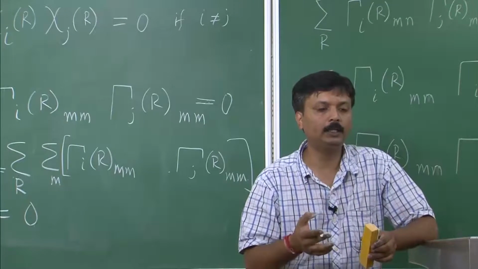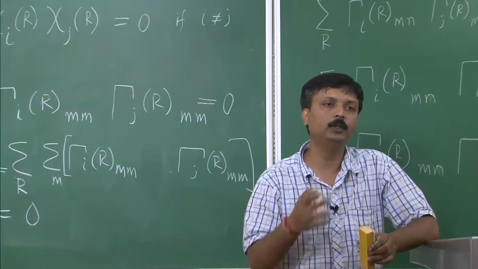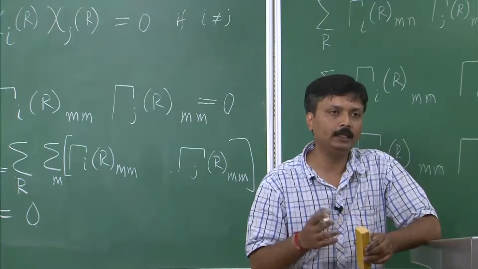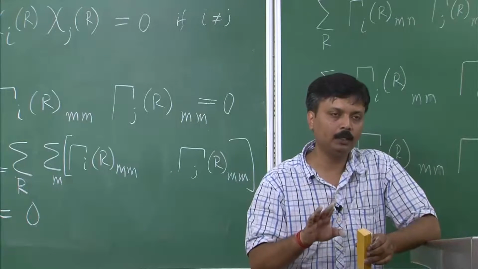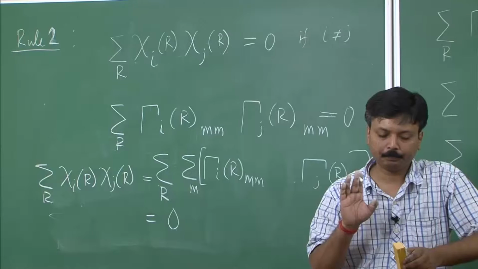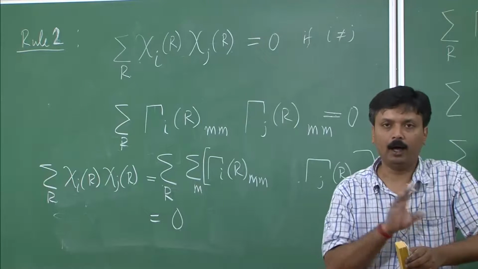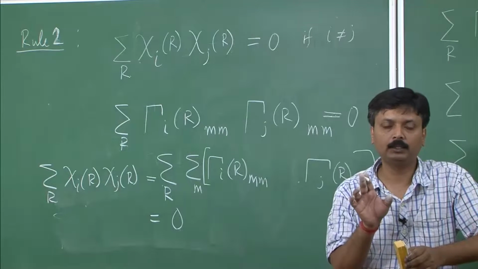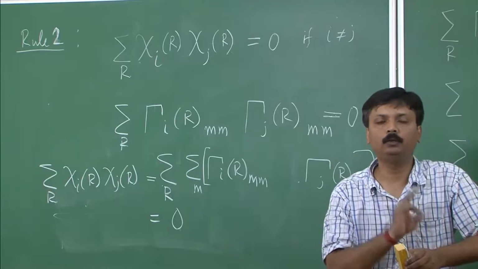We saw it in a different way, that conjugate matrices have identical characters. Now think about it: in a class all the elements are conjugate to each other.